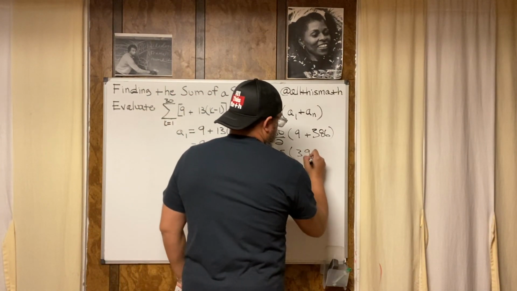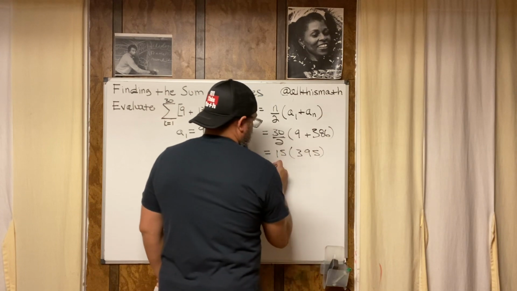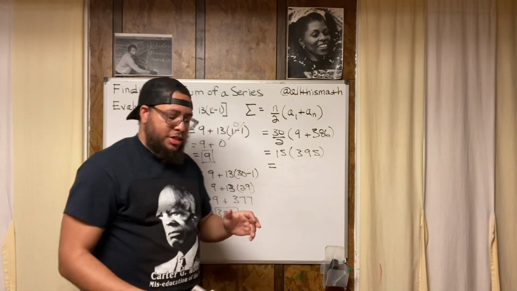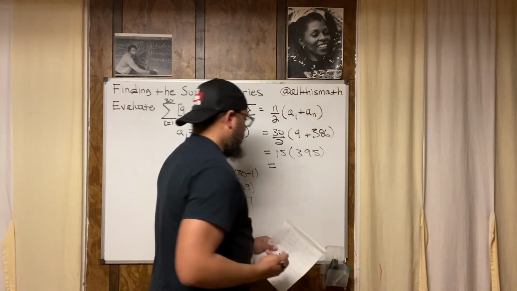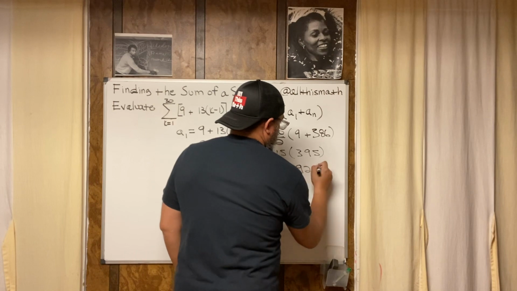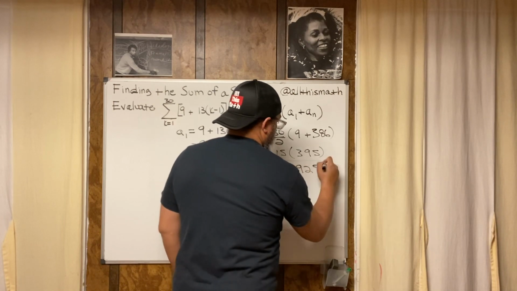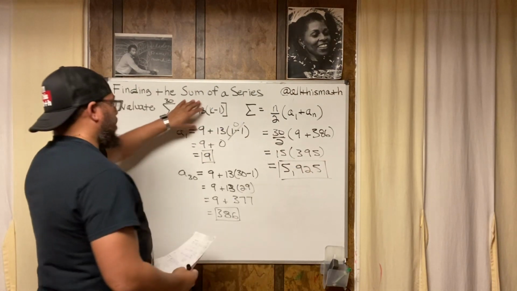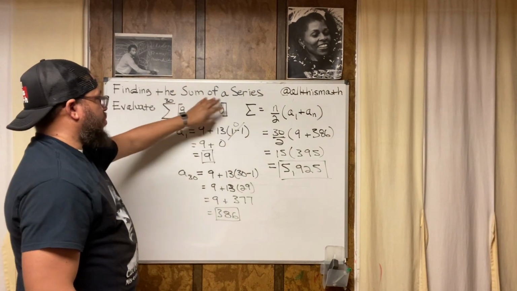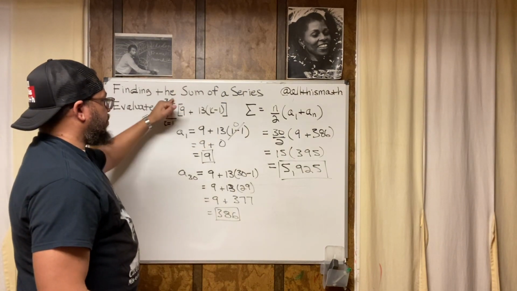So now I got 15 times 395. 15 times 395, I did the math earlier, is 5,925. So this is the sum of all of the values of this expression from 1 up to 30.